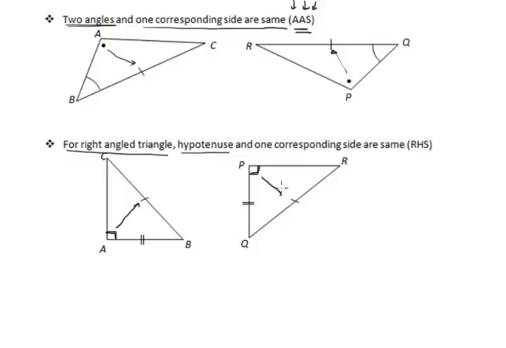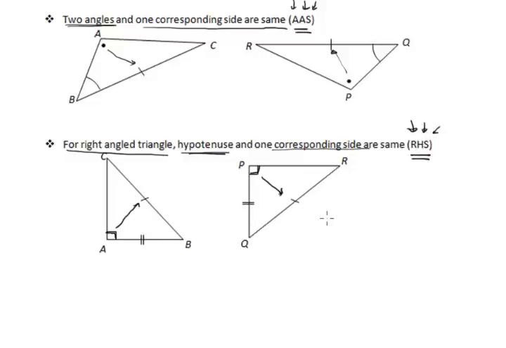So for right angle triangles, if the hypotenuse and 1 corresponding side, so AB and PQ, these 2 sides are equal, that is right angle, hypotenuse and one other side are equal, then these two triangles are congruent. This condition is shortly referred to as RHS. R is for right angle triangle, H is for hypotenuse and S is for one side.